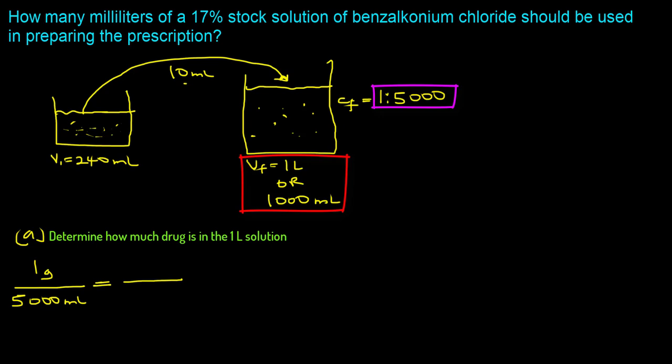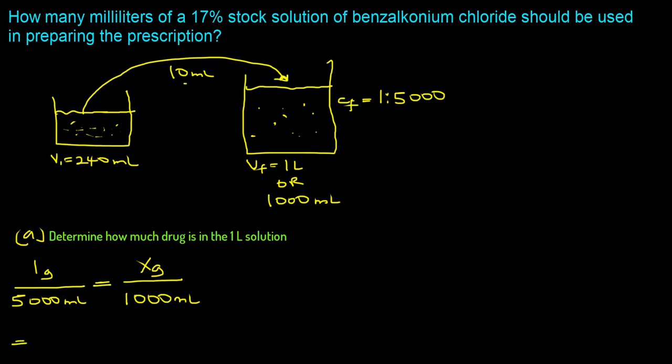So we need to determine how many grams of benzalkonium chloride will be present in the 1,000 milliliter solution. So we can go ahead and solve for x, which is our unknown. So x is going to be equal to 1 gram times 1,000 milliliters divided by 5,000 milliliters, and that is equal to 0.2 grams.